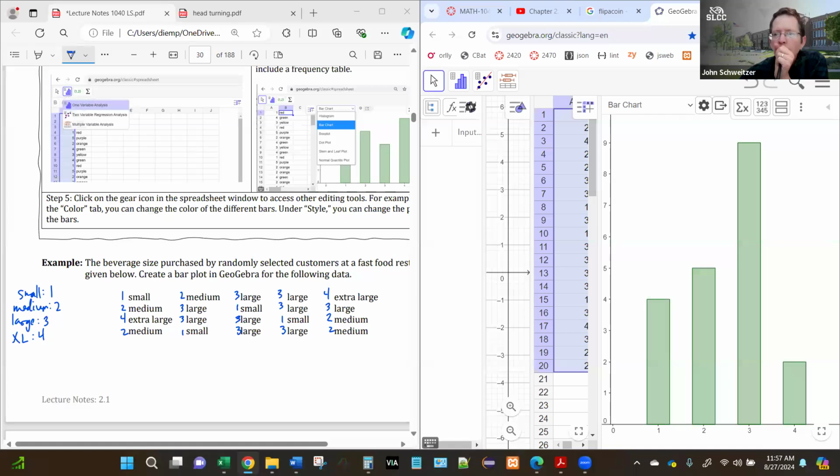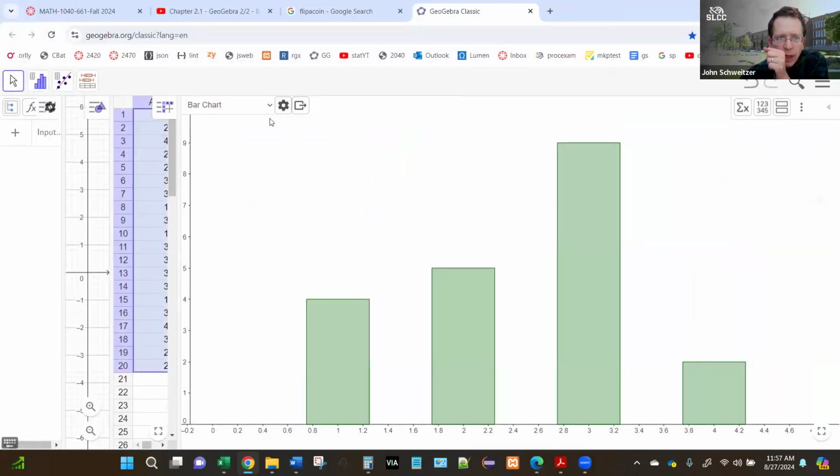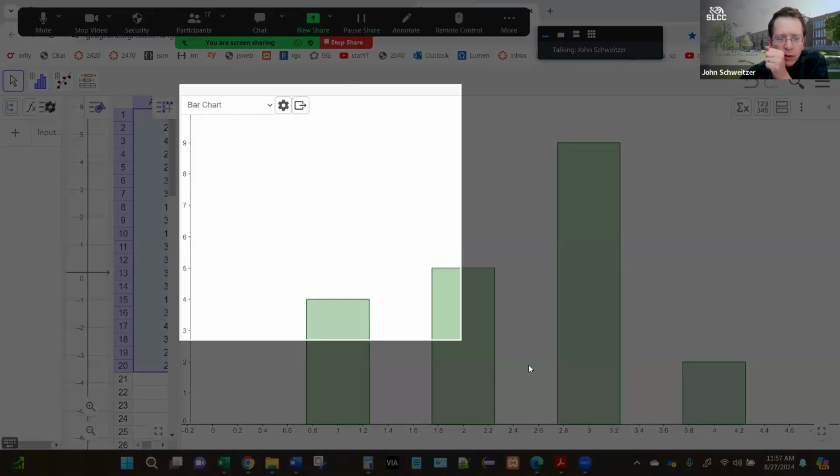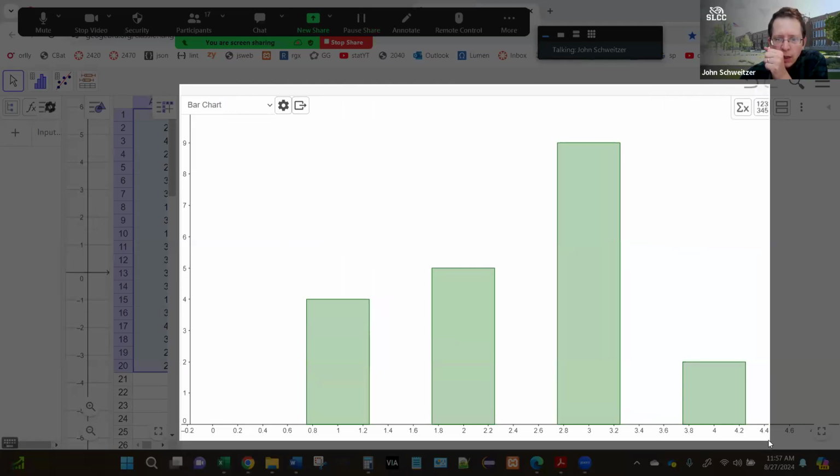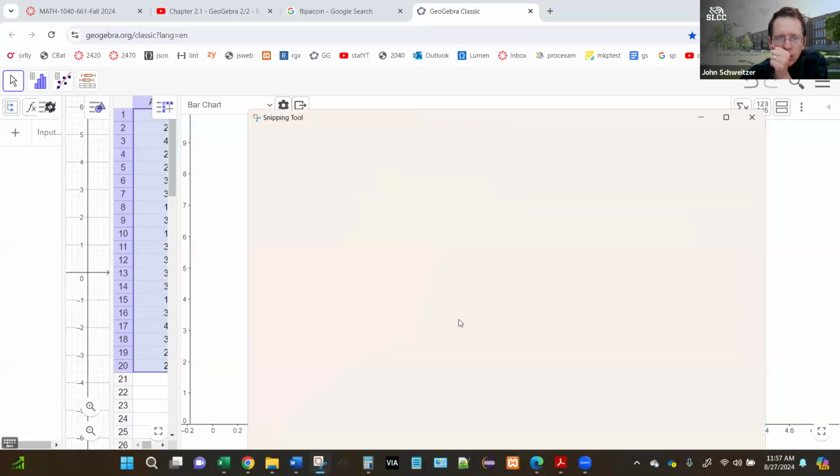Okay. By the way, on the project, you're going to have to occasionally produce graphs. So what I recommend doing is doing the graphs in GeoGebra and then using a screen copy tool. My favorite is this thing called Snipping Tool. If you open up the Snipping Tool, you can take a screenshot easily of your chart.